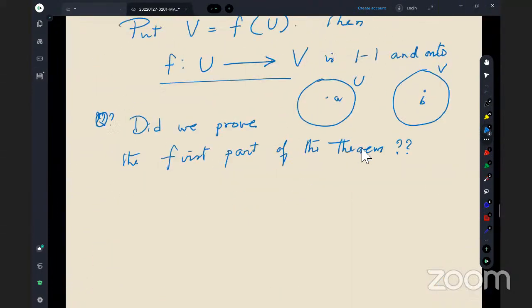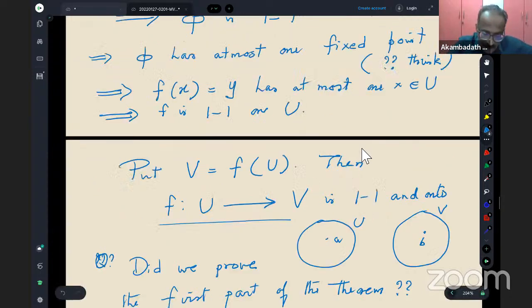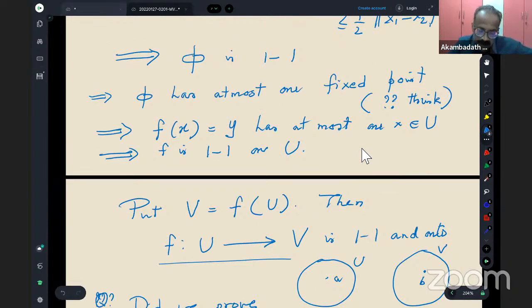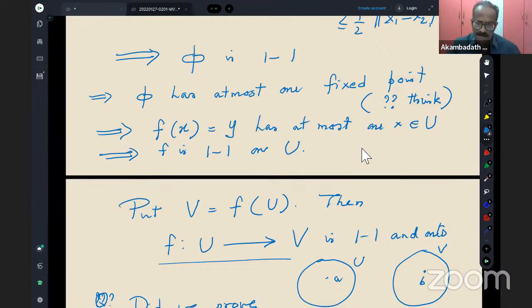One-one and onto should be f of x equal to y, is clear. No, what is not clear? That's my question: did we prove the first part of the theorem? Assume that 1-1 is also given to you, which I proved. I proved actually that phi is 1-1, because phi has at most one fixed point, and fixed points are equivalent to solutions of f(x) equal to y.